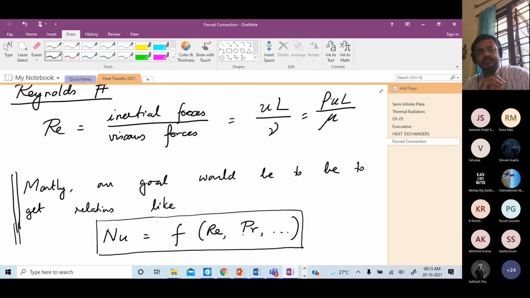For very simple cases, flow over a flat plate or flow through a tube, it may be possible to get analytical relations, but otherwise, for other geometries, these are correlations that have been developed empirically based on lots of experimental data sets.